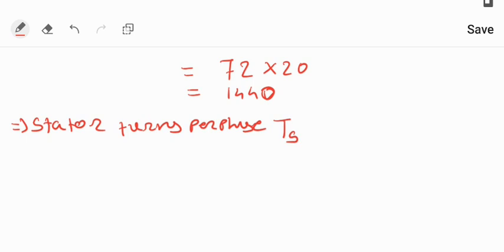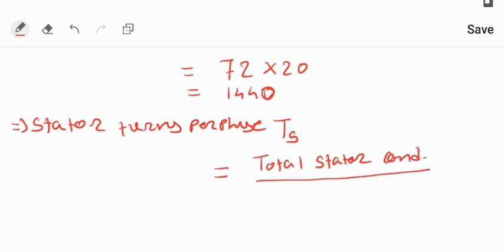TS is equal to total stator conductors divided by number of phases into 2.